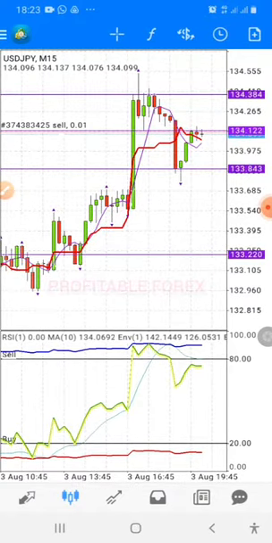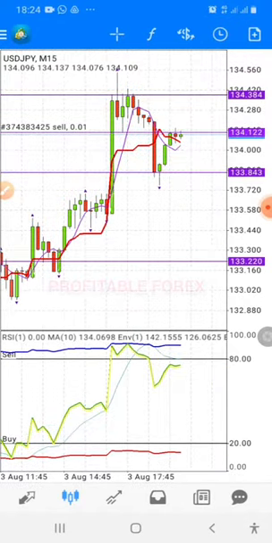Don't use it on the 5 minutes and 1 minute time frame, because it's quite noisy. You get the accurate confirmation from the 15-minute time frame upward. So let's dive into the strategy and see how it works.